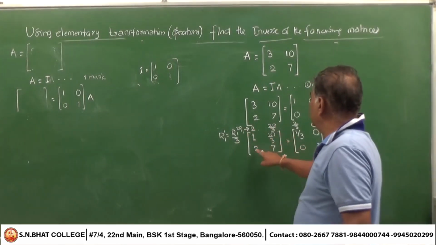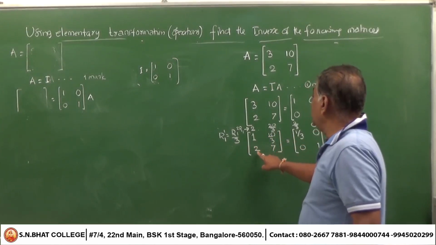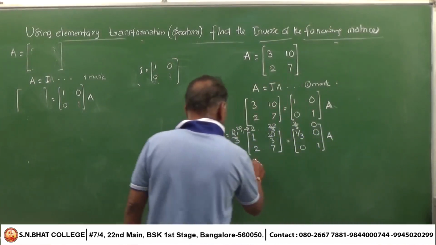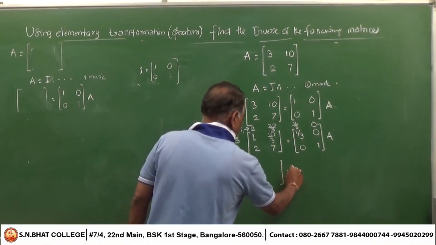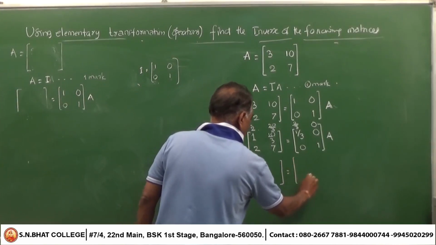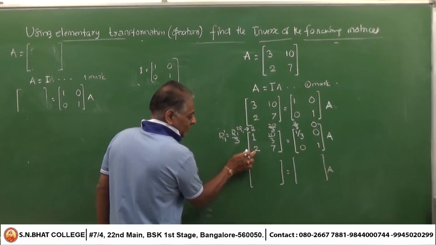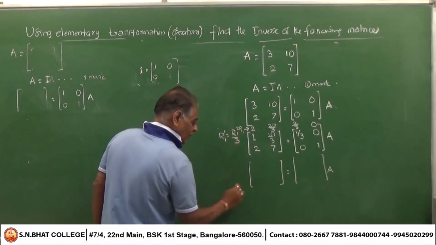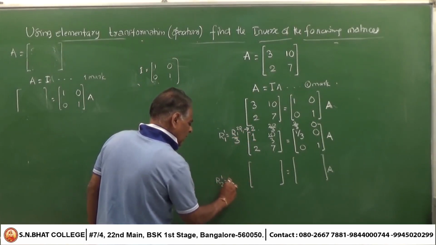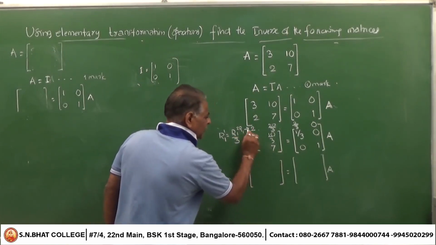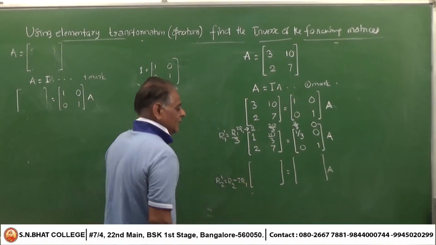This is 2R1. This is R2. In the second row, I have to make this element 0. Row operation for R2: R2 dash is R2 minus 2R1.